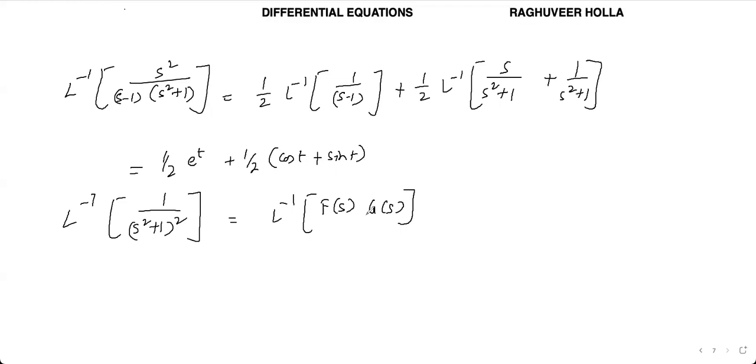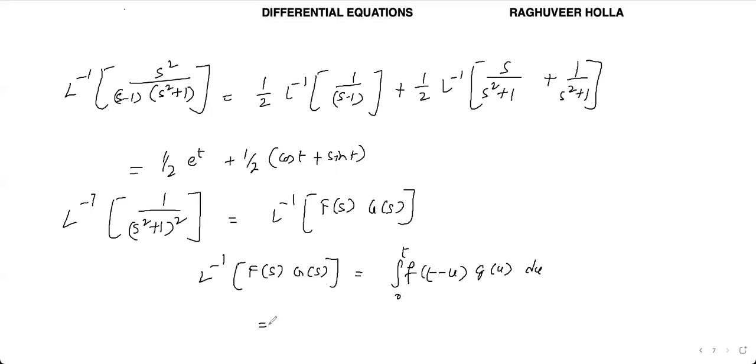So by using the convolution theorem, we know that L inverse of f of s and g of s is integral 0 to t f of t minus u into g of u du.